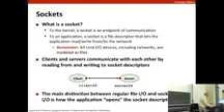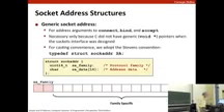Okay, so let's jump right into the API. And again, this is a place where you'll wish you were programming in a language that had a type hierarchy, but you aren't. You're programming in C. So there's a zillion structs that you have to get familiar with, but one's called a sockaddr.